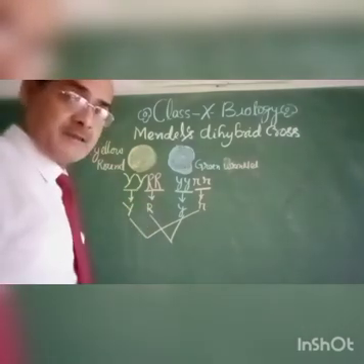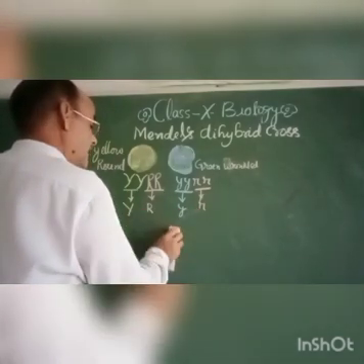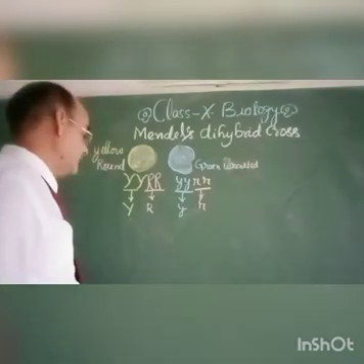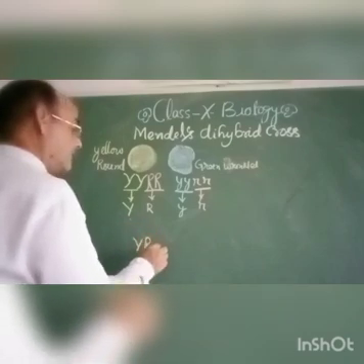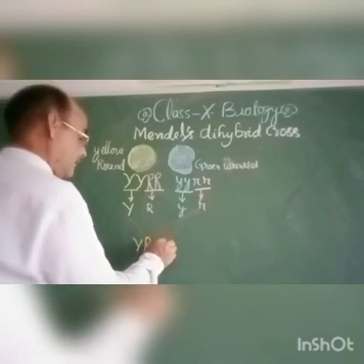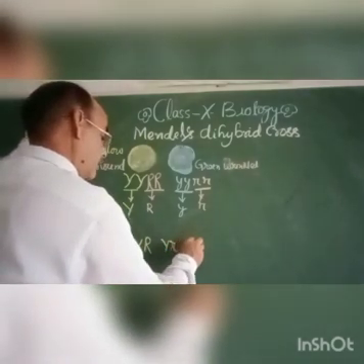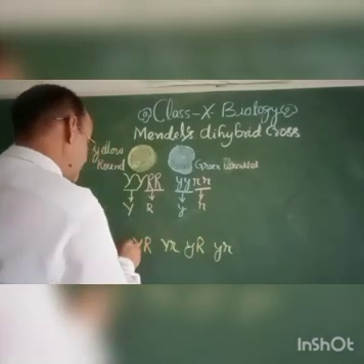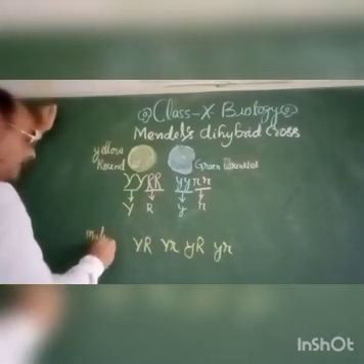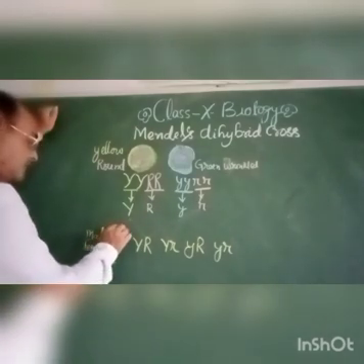So my dear student, if these are the gamete possibilities, then there will be chances of combinations like Y R, Y R, Y R, and Y R. So these are the chances for the male, and similarly for the female.